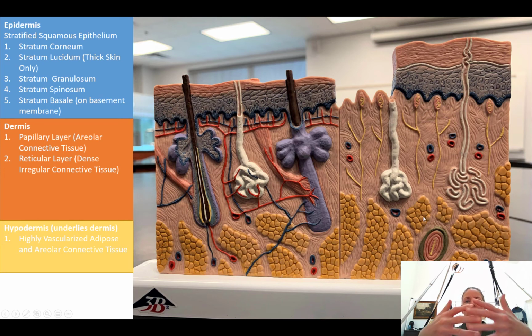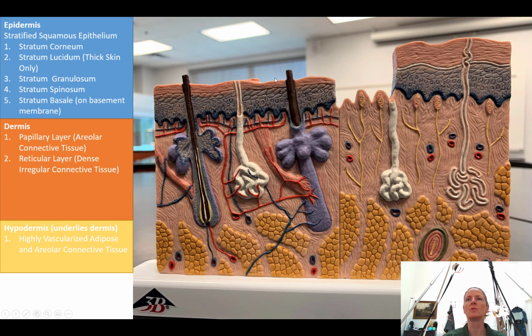The border between the reticular layer and the subcutaneous is not that well defined. You can see that it's a diffuse border, and we see that the vasculature is right along the edge of the border between the reticular layer and the hypodermis, also known as the subcutaneous. And as we remember, the hypodermis is not actually part of the integument, but it is that connective tissue layer that is sometimes called the superficial fascia that directly underlies the cutaneous membrane.